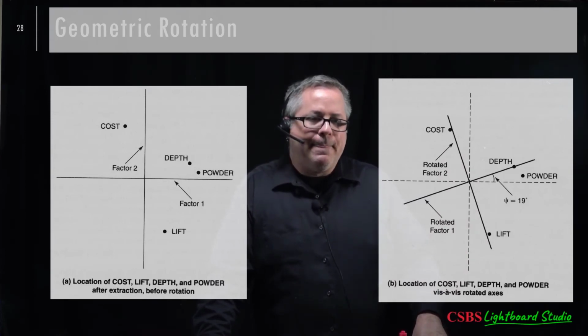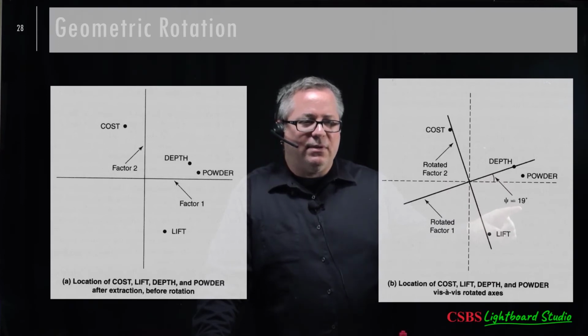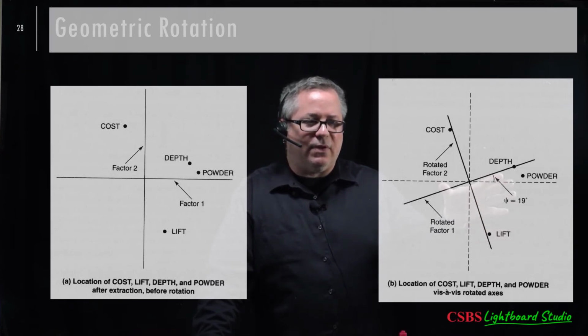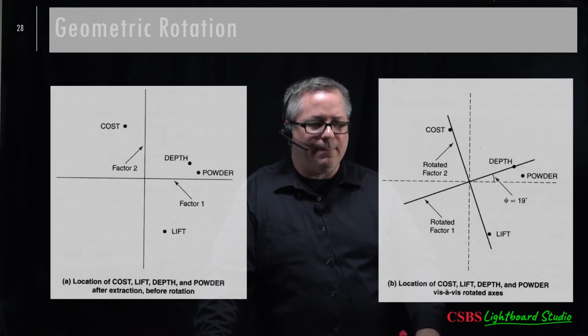So rotation, all we're really doing is taking where those factors are and moving them a little bit. This is a 19-degree rotation. It's literally figuring out that if I shifted this 19 degrees, I can maximize the variance of factor 2, but have very little impact, if any, on the variability of factor 1.